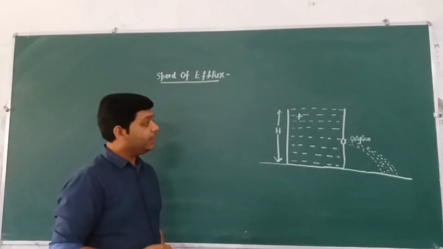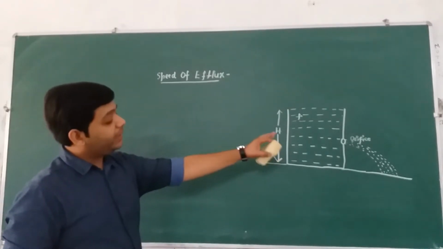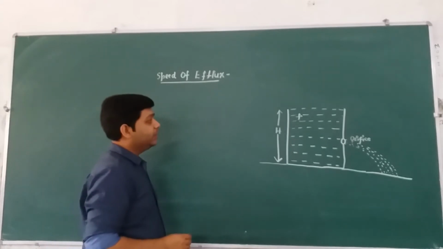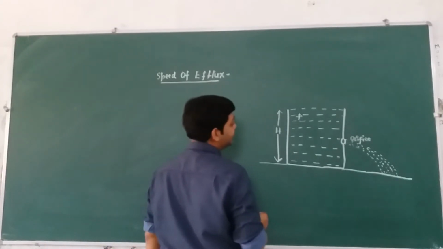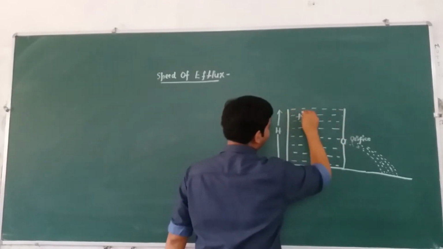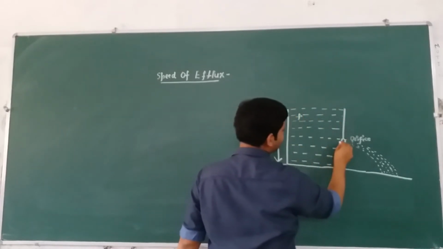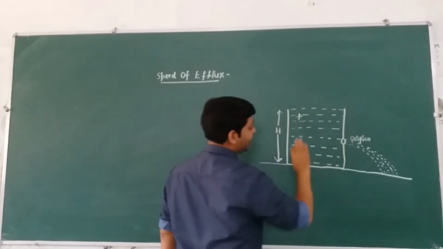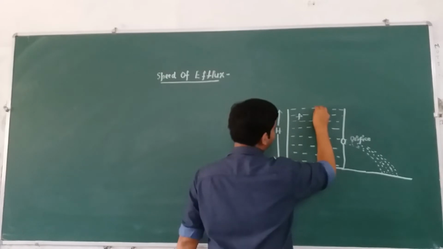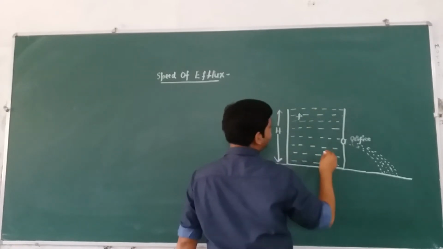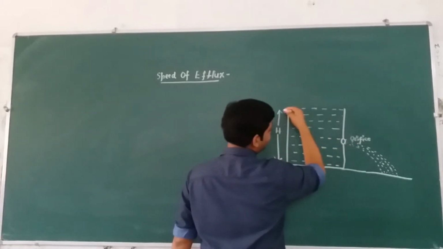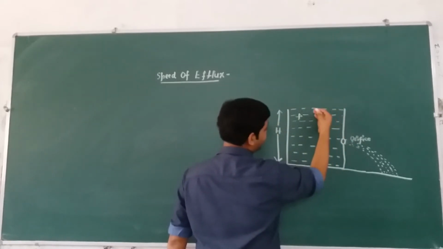Fine. So now to calculate the velocity of efflux, we will make use of Bernoulli's theorem. We will consider two cross-sectional areas: one at the surface and one at the orifice, and both are exposed to the atmosphere. When the liquid comes out through this orifice, the upper surface of the liquid starts coming down.